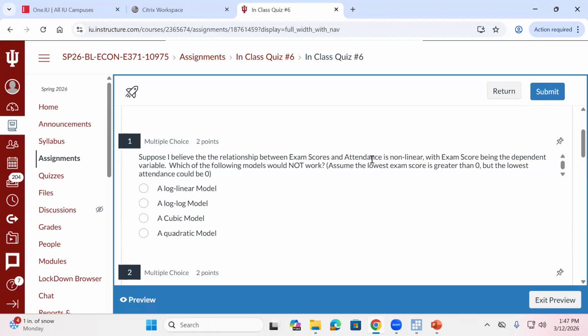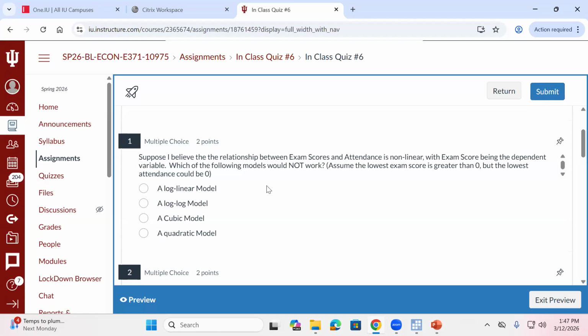Log, right? Now, technically, even though I have zeros there, I can still use quadratic and cubic models, because the x value is not only 0, it also takes other values. Attendance could be 1, 2, 3, 4, 5.